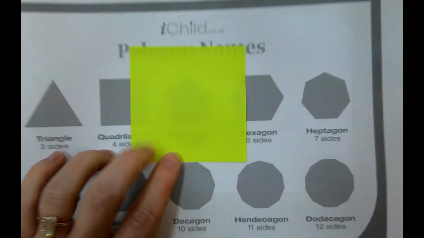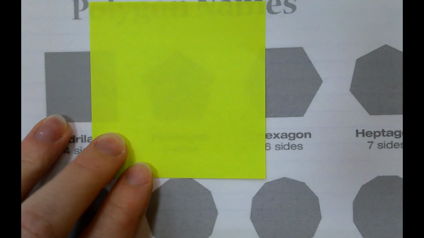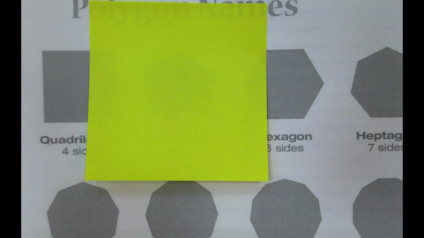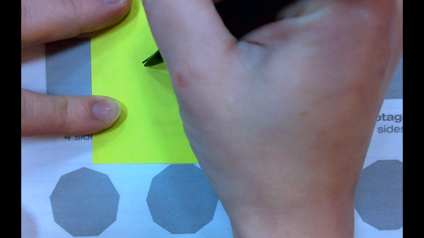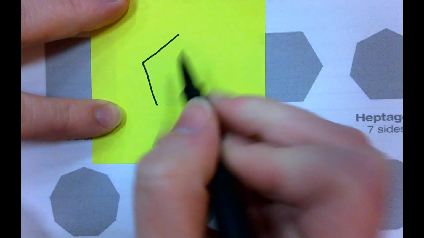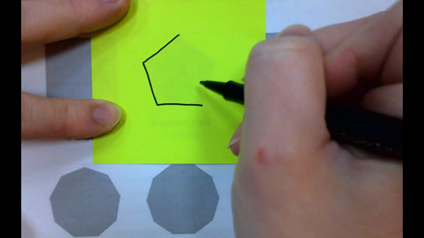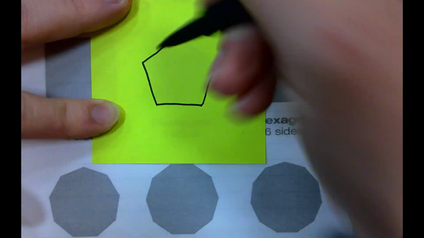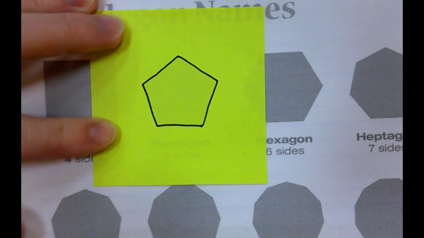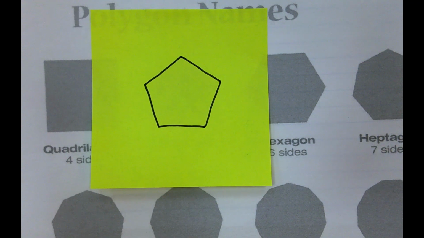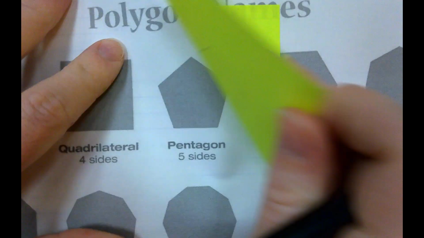It's really difficult to see, but I'm going to give a rough pentagon shape here. So we have my pentagon, and I'm going to put it back on my note page.